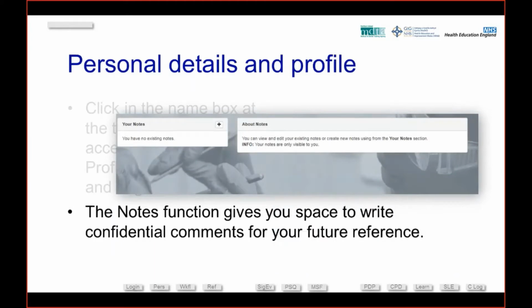Now, the notes function is something we've introduced, and this is something which you as ES or you as training program director can use. You've got the ability to write totally confidential notes which nobody else can see. So if you've had a difficult conversation or an important conversation, you can write a contemporaneous note, and nobody else will see that.